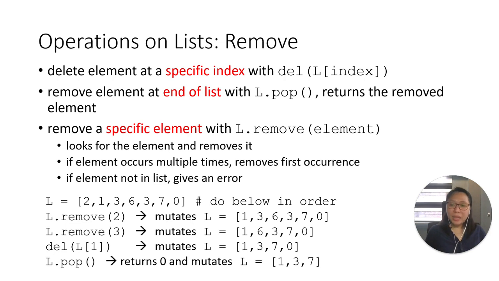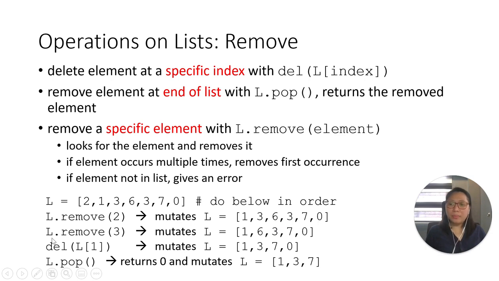The next line here is L.remove(2). This removes the first occurrence of 2 in the list. And this mutates L, and L now becomes this one. From the original 7 elements, now we have 6 elements.